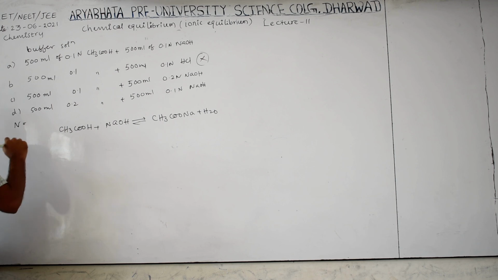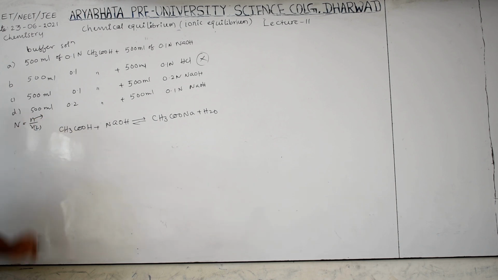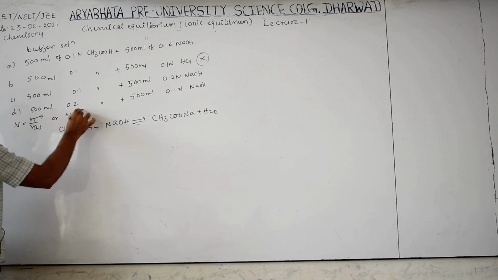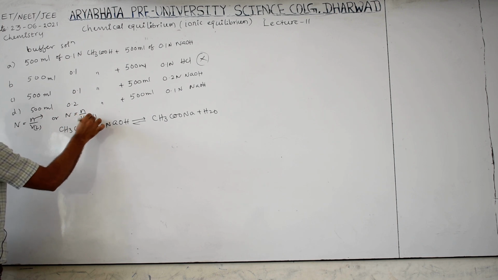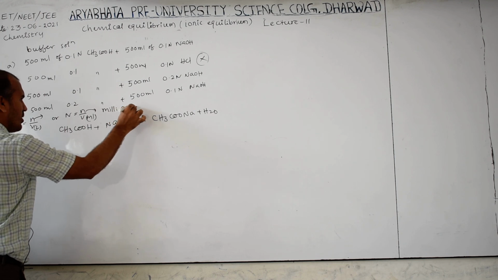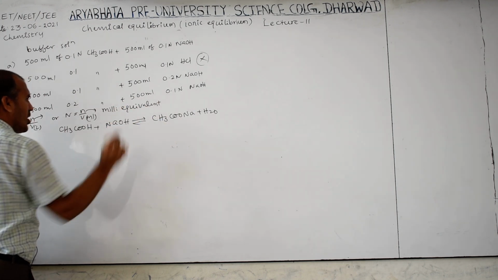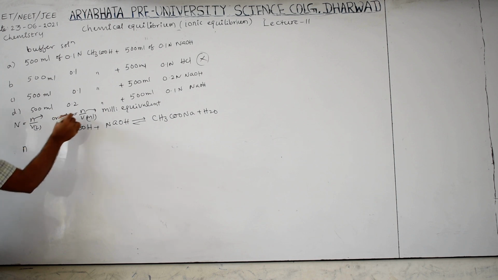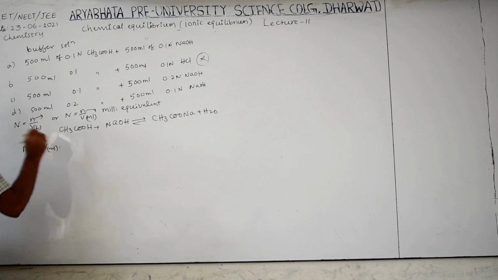Normality is given, so normality equals equivalents by V in liters, which is the number of equivalents. Otherwise, with V in milliliters, it is called milliequivalents. So milliequivalents equal N into V in milliliters.